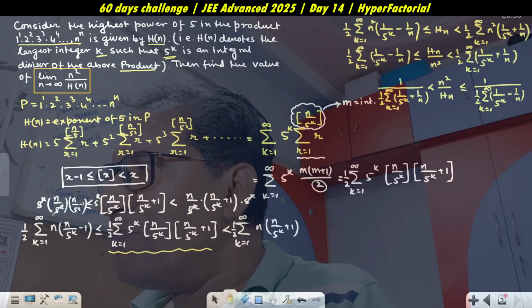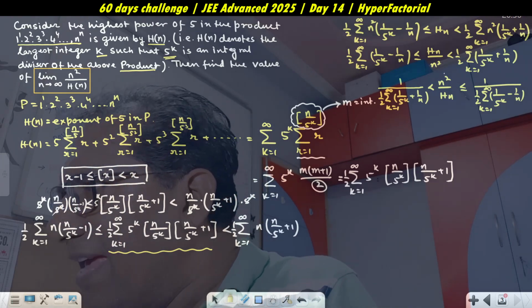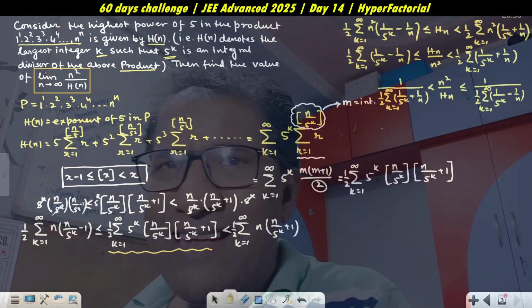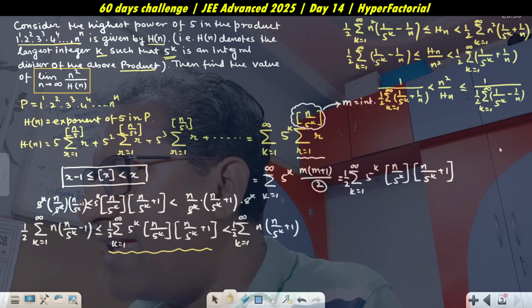Is it clear now? Now, if I take the limit n tends to infinity on both sides, what are we going to have? Let me take this on the next page.